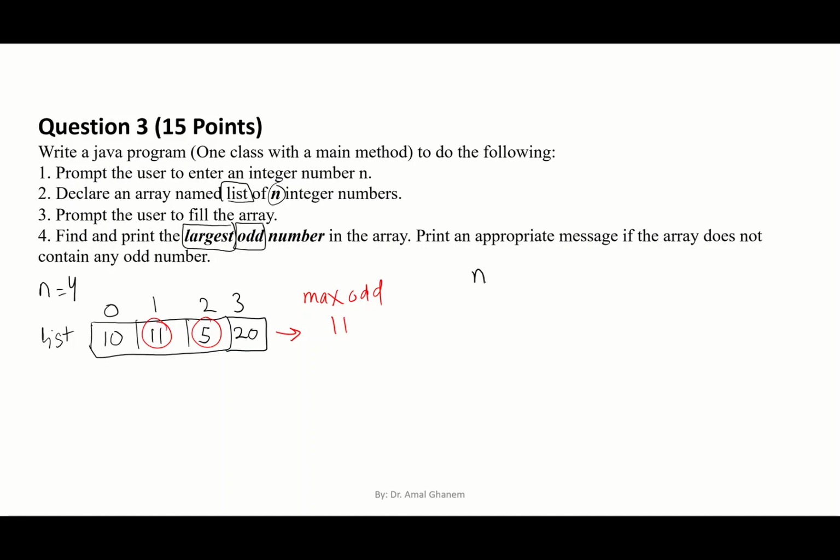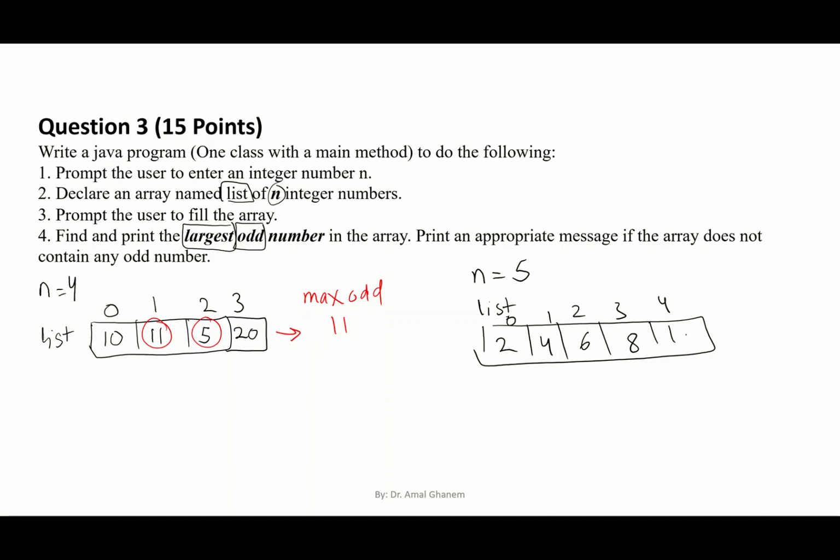Let's assume we have another input and output. Let's assume n is 5, and we created the array list to hold 5 elements. Then we ask the user for values, and the user enters 2, 4, 6, 8, and then 10.